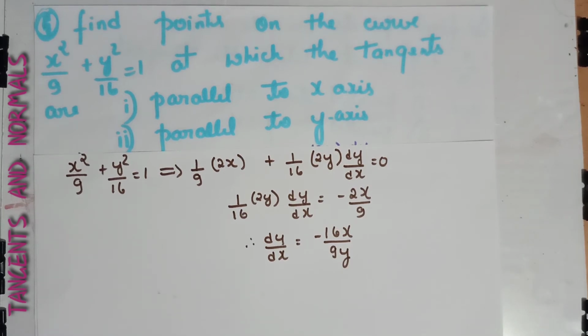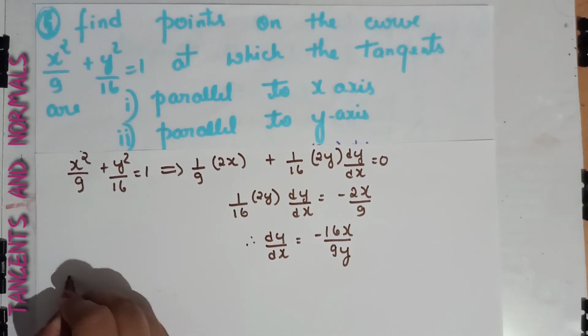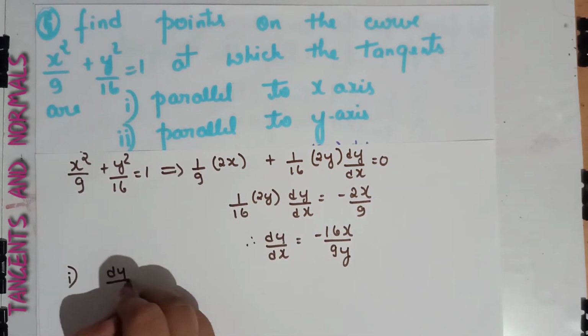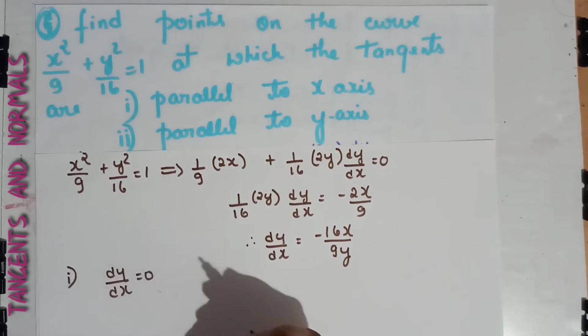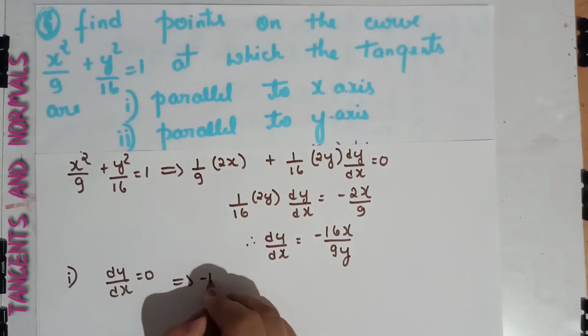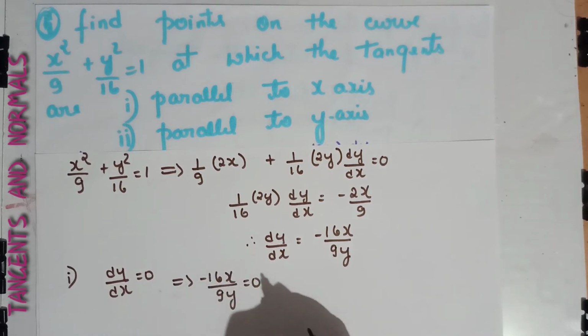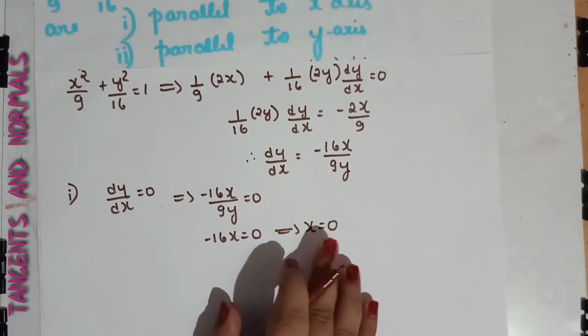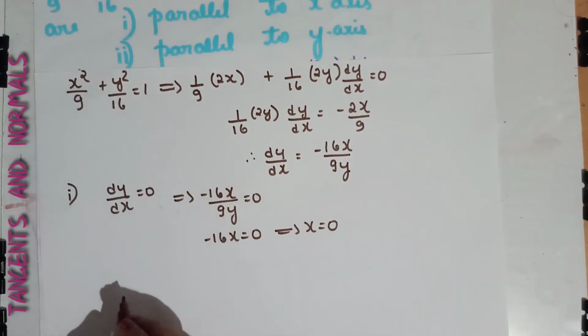Now we need to find out the points. The first question here is parallel to x-axis. Parallel to x-axis means dy by dx will be equal to 0, which implies minus 16x by 9y equal to 0. So after simplifying, minus 16x is equal to 0, which implies x is equal to 0. Substitute x is equal to 0 in the given equation.